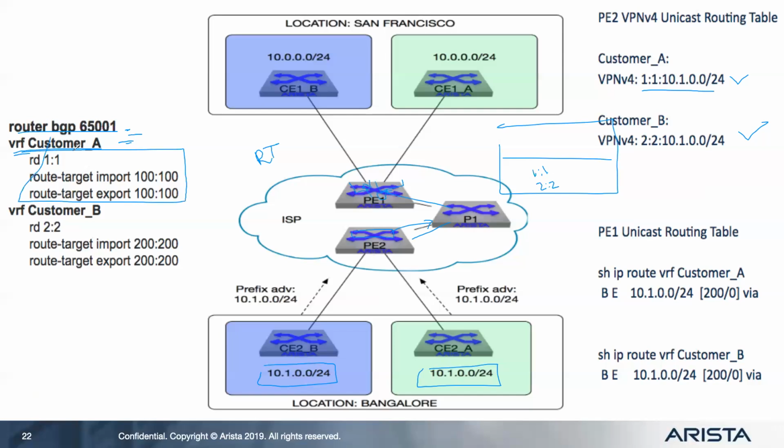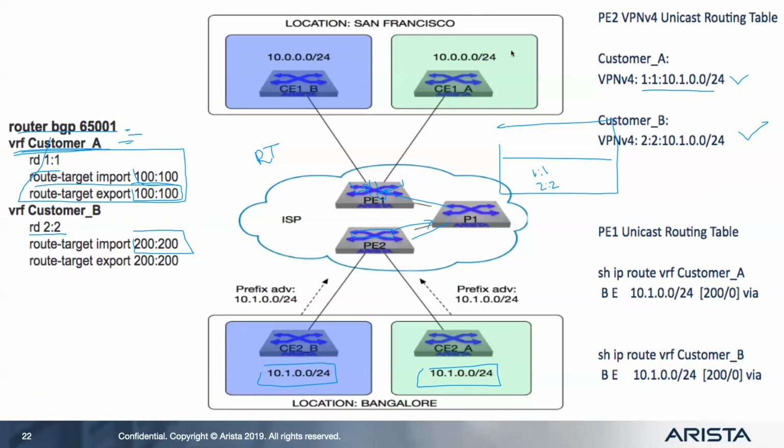After that we will have the VRF for customer A. The route distinguisher we use for customer A's VRF is 1:1, and 2:2 for customer B. The route target we use is 100:100 for import, and export is also 100:100. Similarly for customer B, it's 200:200.